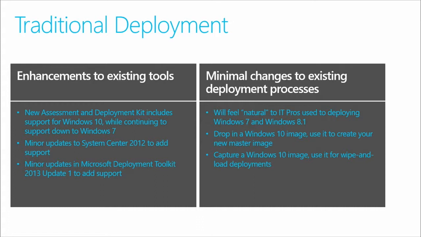A few folks on the Q&A have been saying, oh, can we try Update 1 preview? I think the answer is kinda. The initial release of the MDT 2013 Update 1 preview came out with the first Insider release. That was a long time ago.